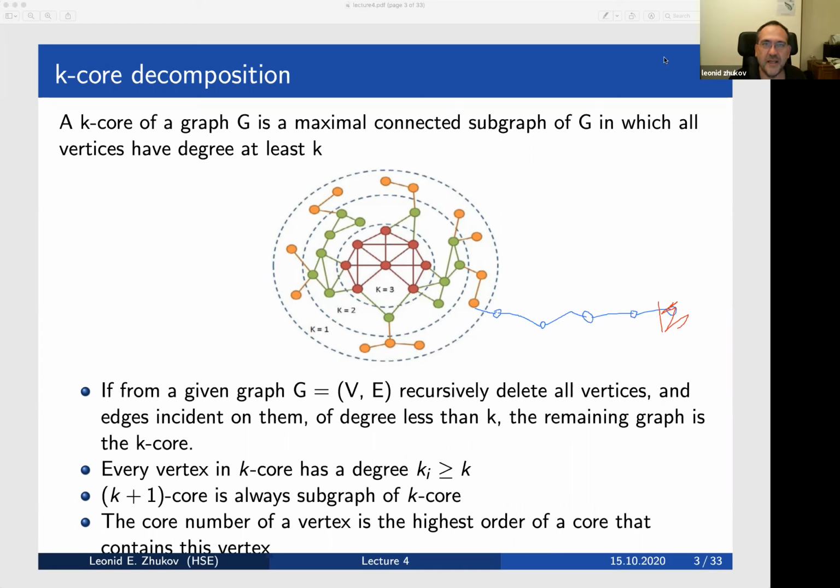But if I say, hey, look, let's remove the nodes of core 1 level and stay only with core 2 and above, it will automatically get rid of this entire chain. Eventually it will cut at first here, there, and when we're using core 2, we're going to be left only with this part.